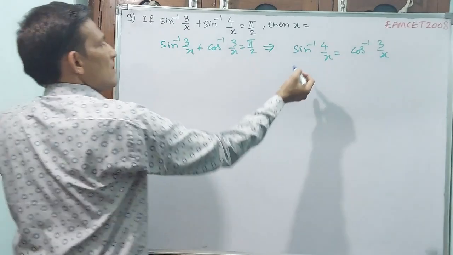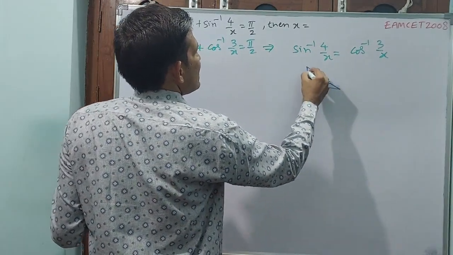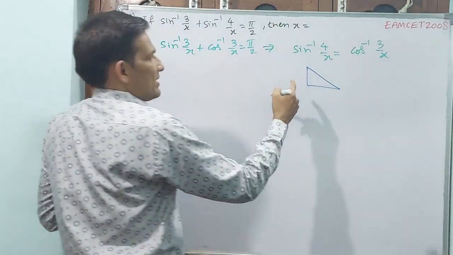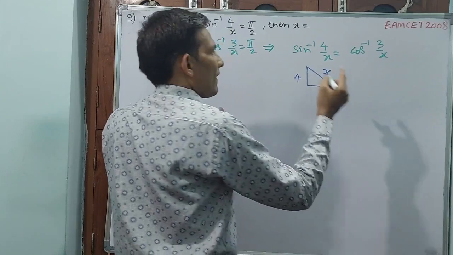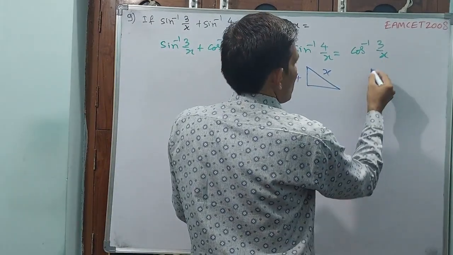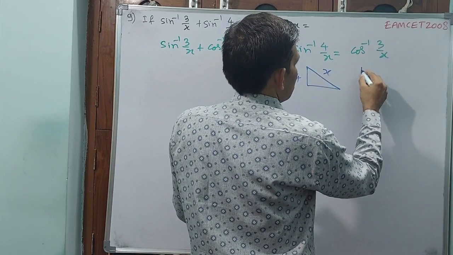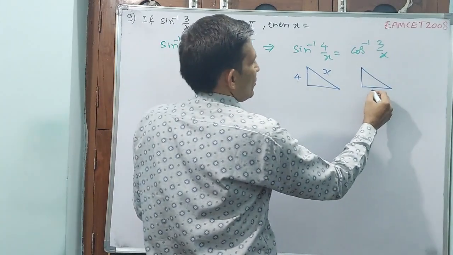Sin inverse of 4 by x means, shall I take like this? 4 by x. And see, this is cos inverse of 3 by x, 3 by x.